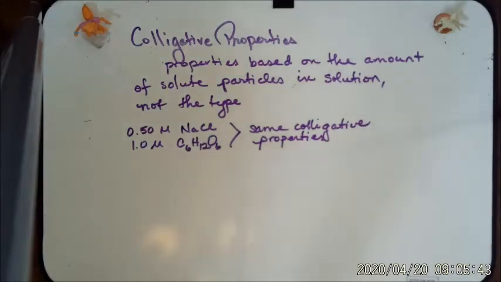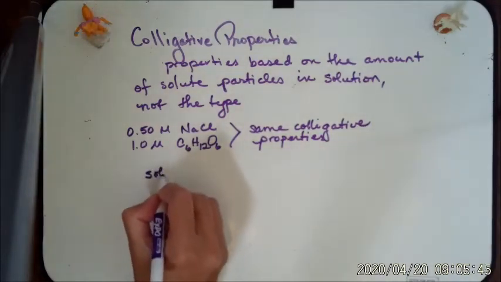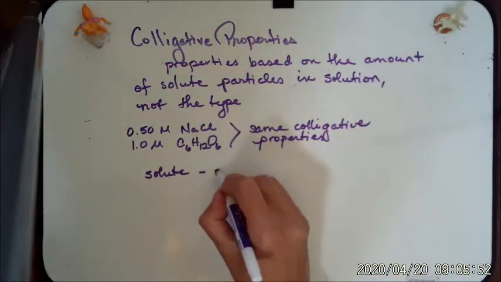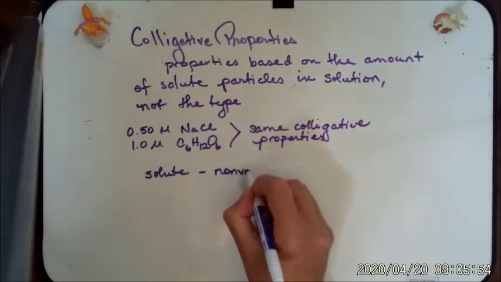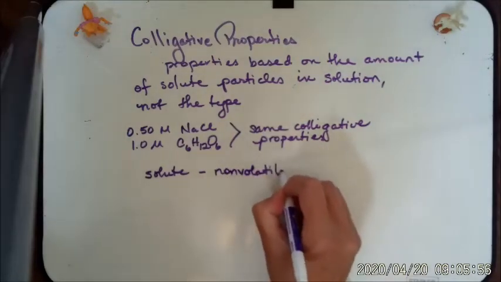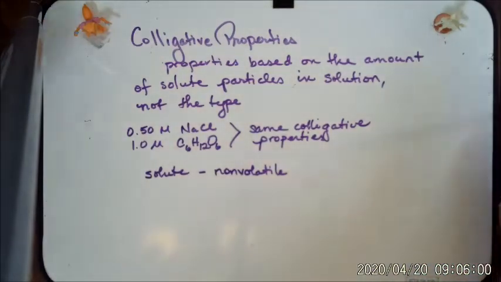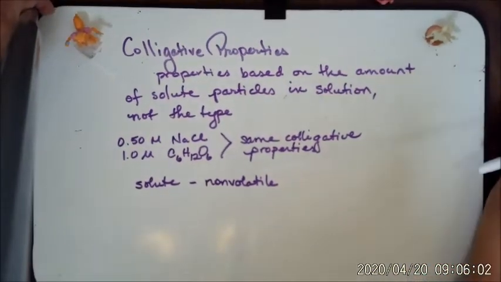There is one aspect of your solute that you need to be aware of, regardless of whether it's ionic or molecular. For your solute, it needs to be non-volatile. So in other words, it should have 0 or very close to 0 vapor pressure.